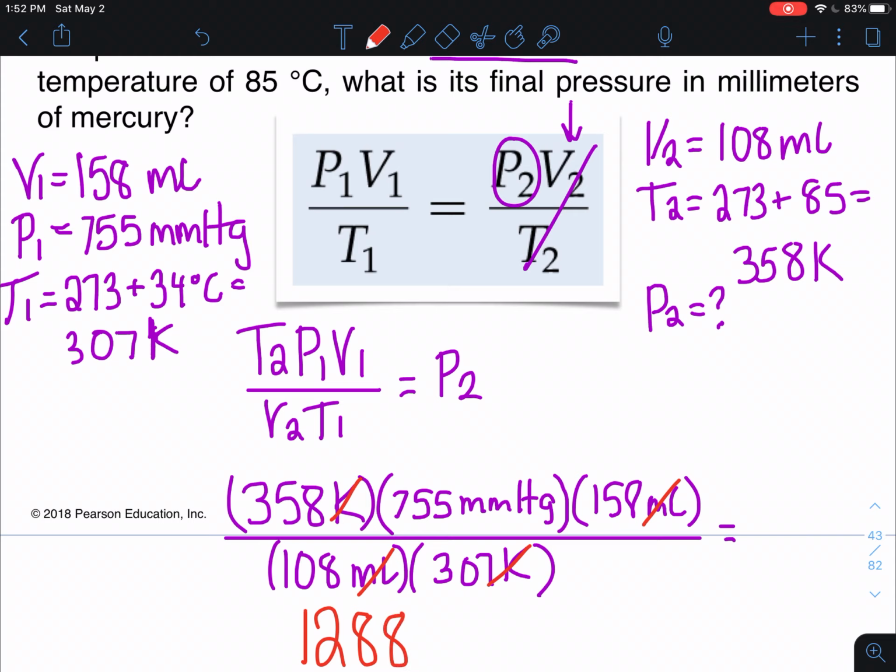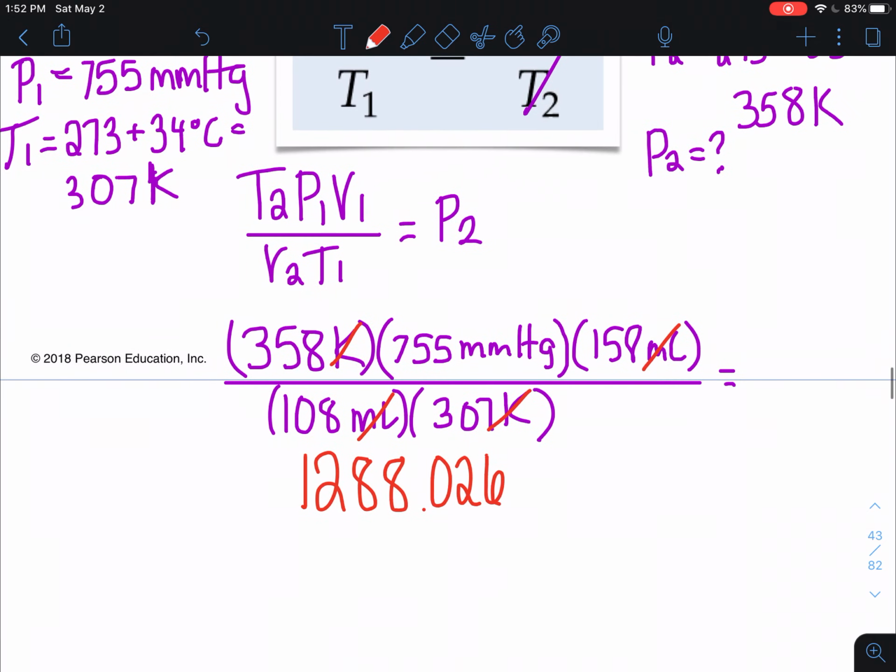So, well, here I'll show you what my calculator gave me. 1,288.026, and again we're looking at 3 sig figs. So we got to stop here, which means that I have 1290, and that's millimeter mercury. Okay. So that's our final answer.